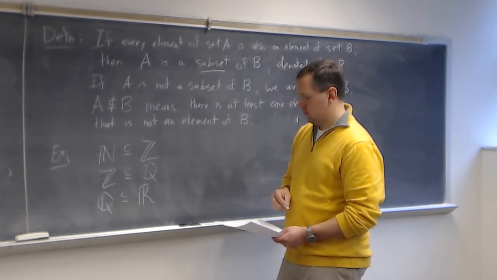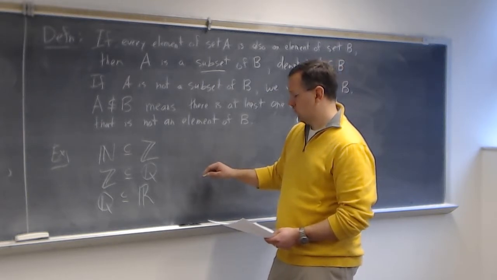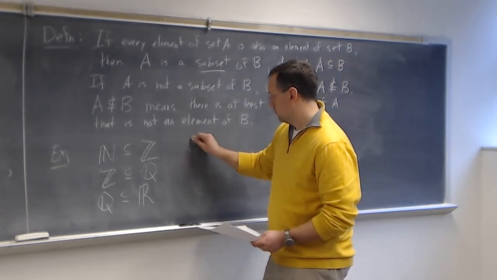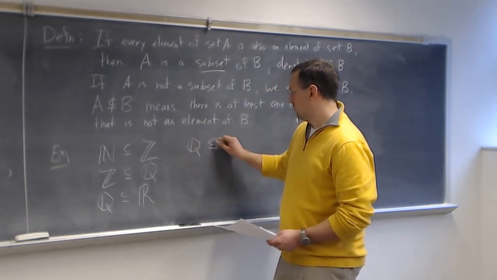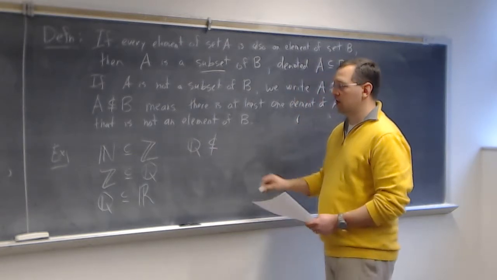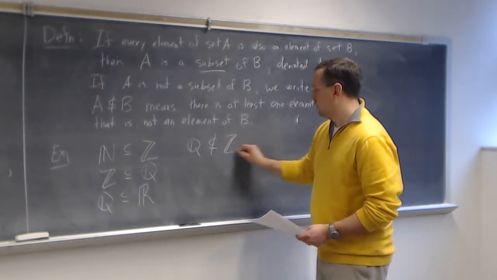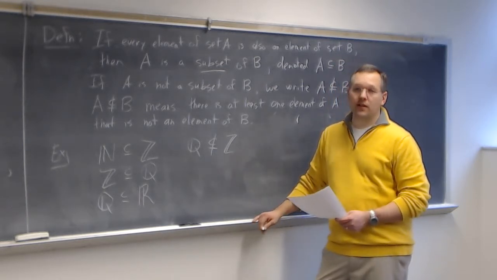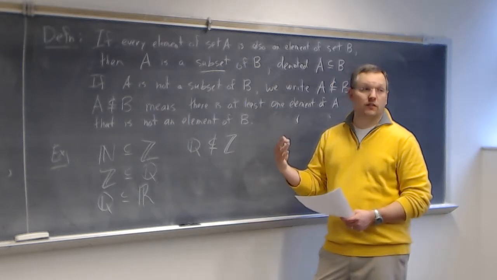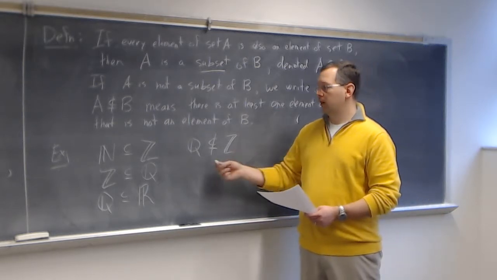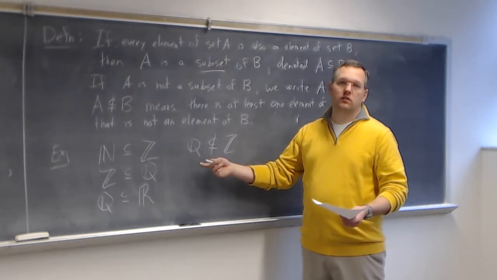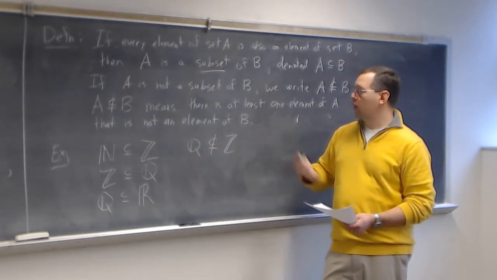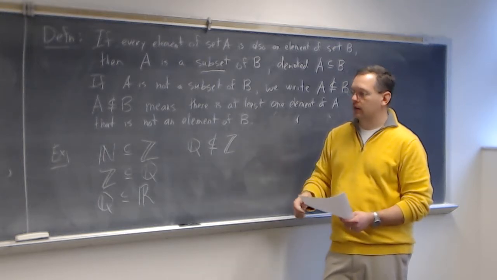How about the rationals are not a subset of the integers. I mean, the integers are important. The rationals, we define them as any number that can be written as a fraction of integers. But 1/3 is a rational number, and 1/3 is not an integer. So there's an example. I've given at least one element of the rationals that's not an integer.